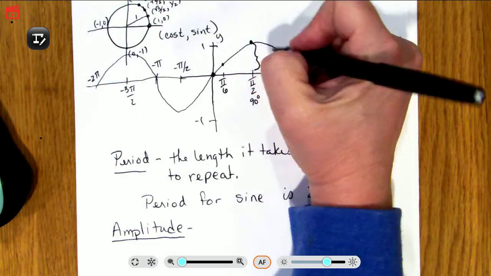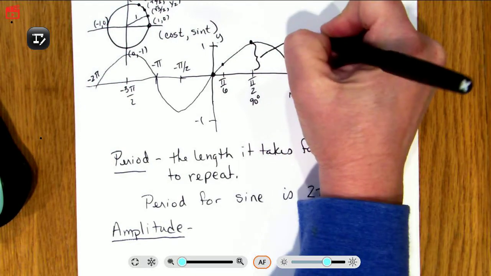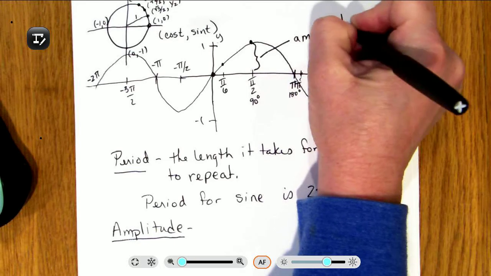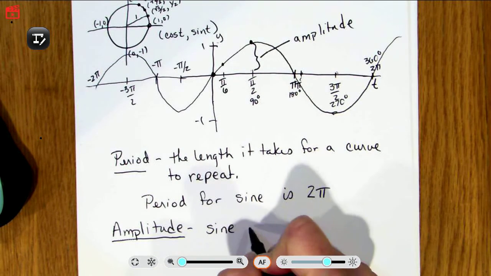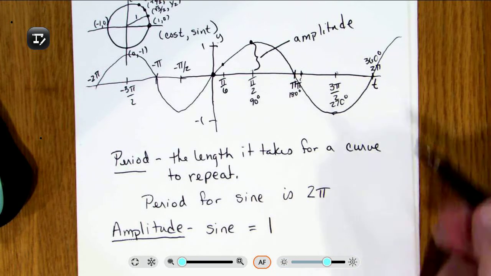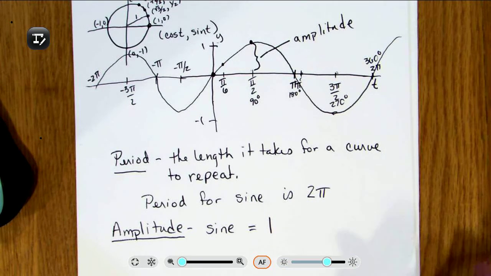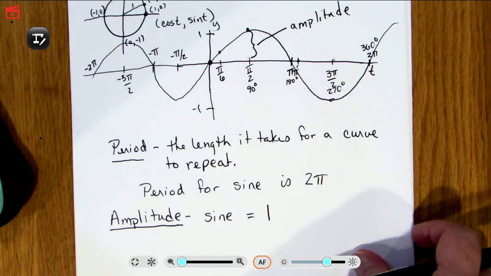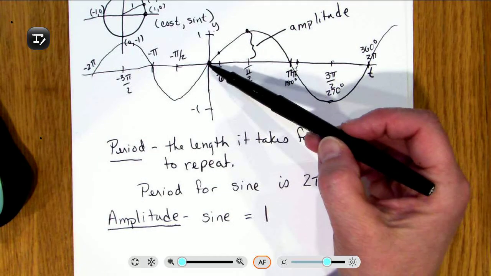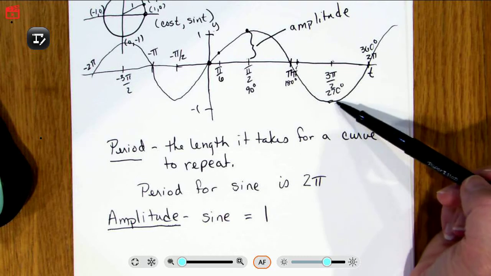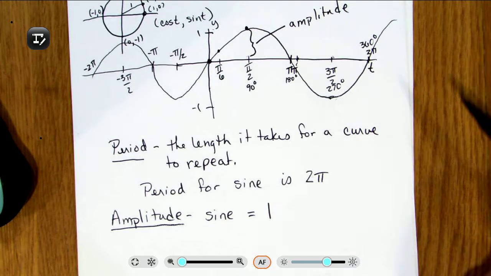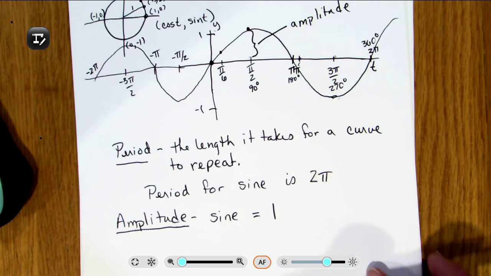So this is considered your amplitude. So the amplitude for the sine curve is 1. Okay, hopefully that makes sense. So there is our basic sine curve. Starts at 0, 0, goes up to 1, back to 0, down to -1, back to 0, and then repeats itself over and over and over.